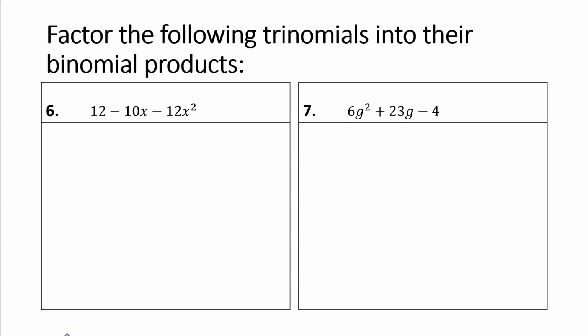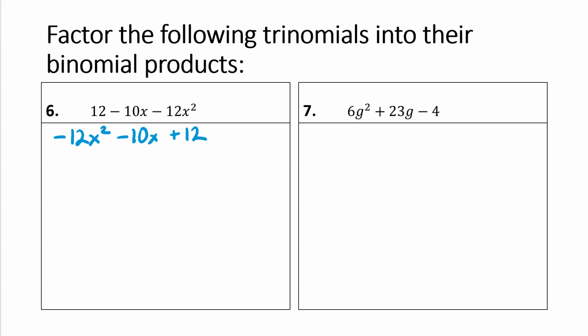For example 6, we want to do a couple of things before we start the process that we've been practicing. The first is to rewrite the expression with the x squared term in front. So we'll write that negative 12x squared first, and then the negative 10x, and then the positive 12. Then we'll factor out the greatest common factor.